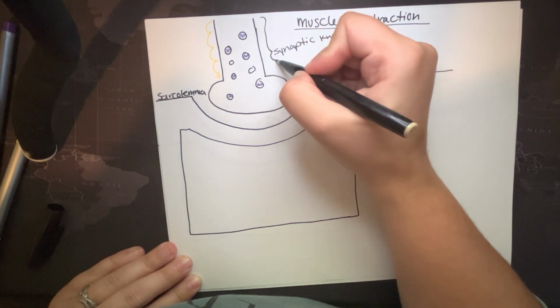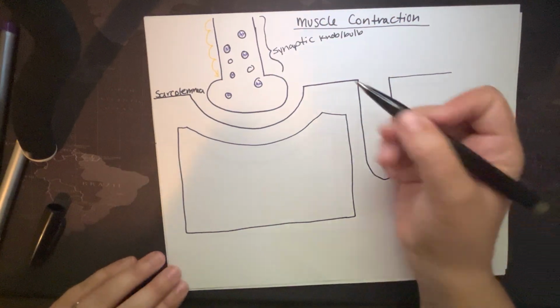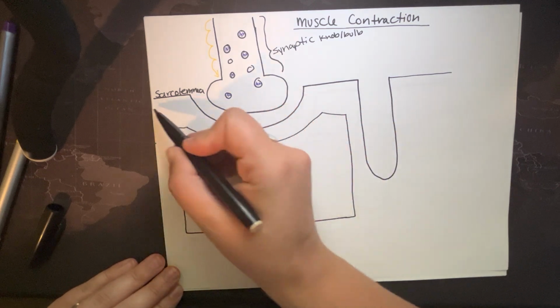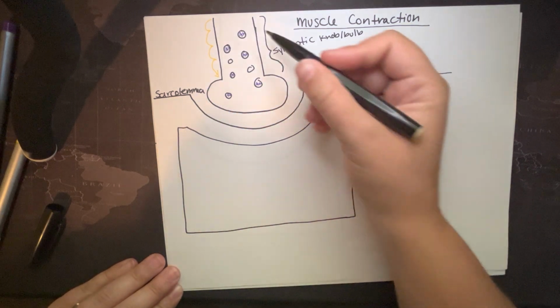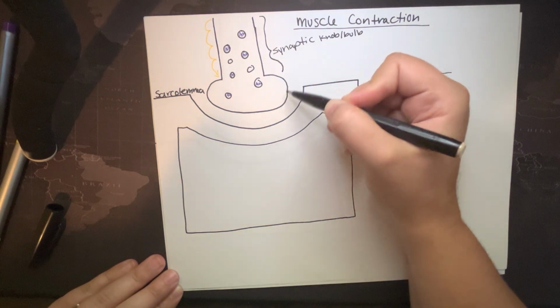And that is the entirety of this end of the neuron. At the end of the neuron, it is also going to have a place on the sarcolemma that allows this neuron to meet the muscle, and that is going to be where it actually meets.